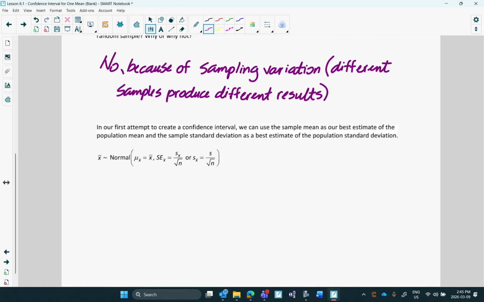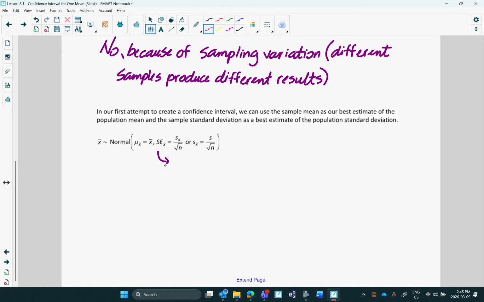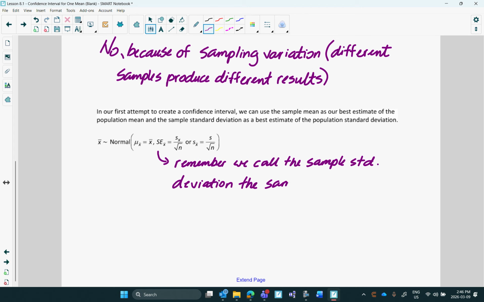Just remember, when we go from sample to population, we call this the standard error.